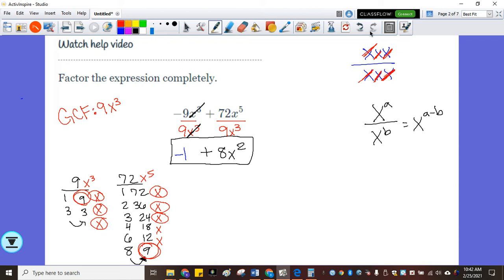Oh man, what's my answer? I did something wrong. Oh yeah, keep going, 9x cubed.